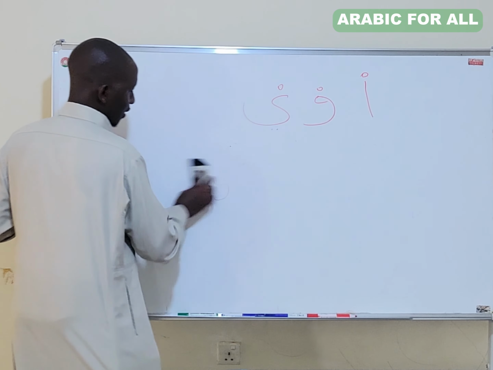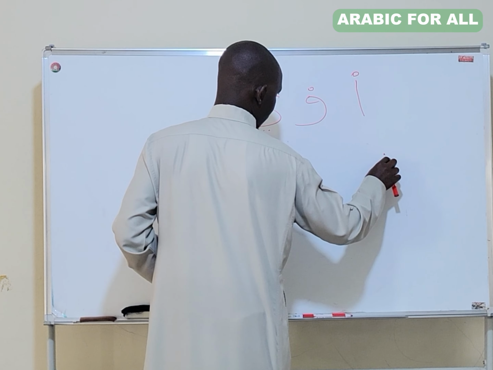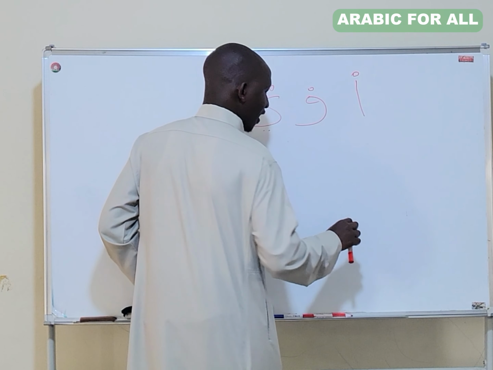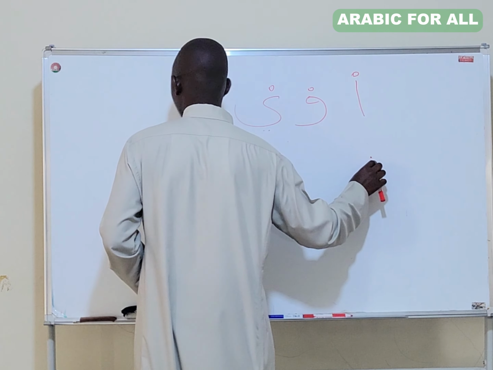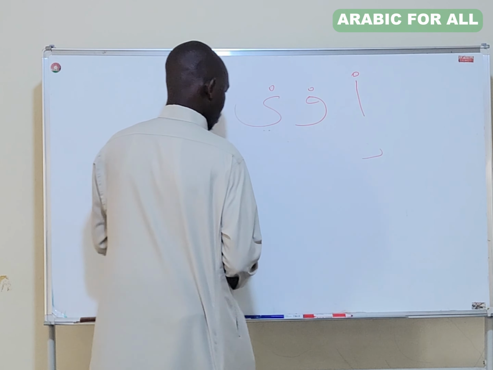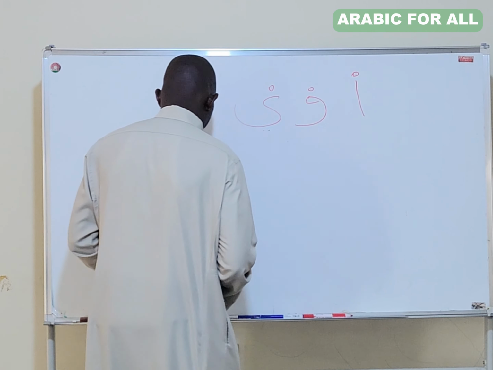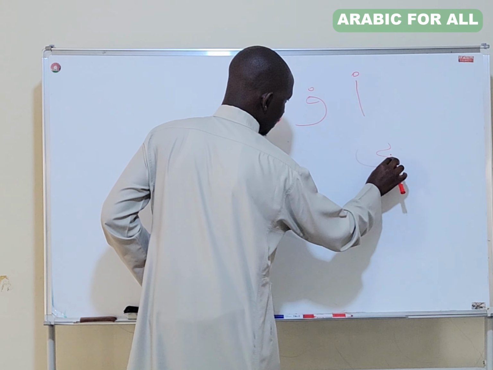Now we have what we call ya. When does ya become a vowel? Ya becomes a vowel when the letter is preceded by what we call a kasra. A kasra, this way. We say bee.